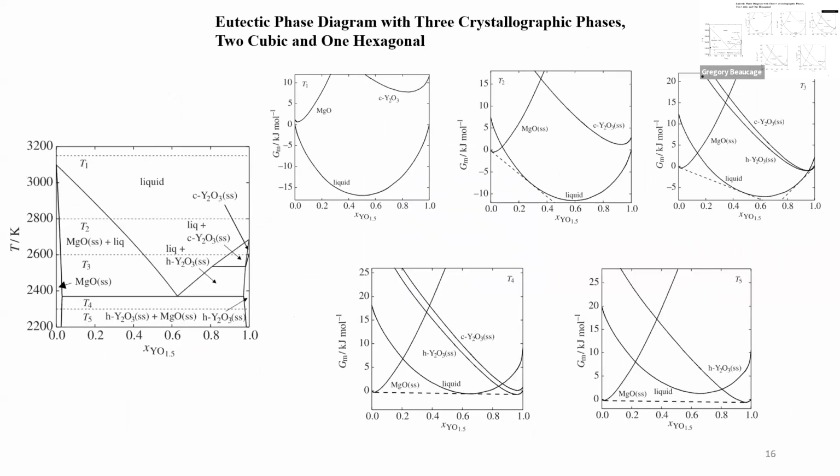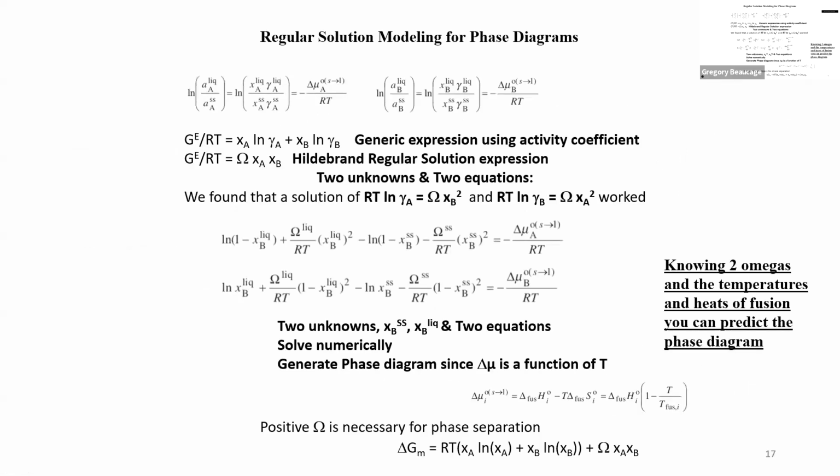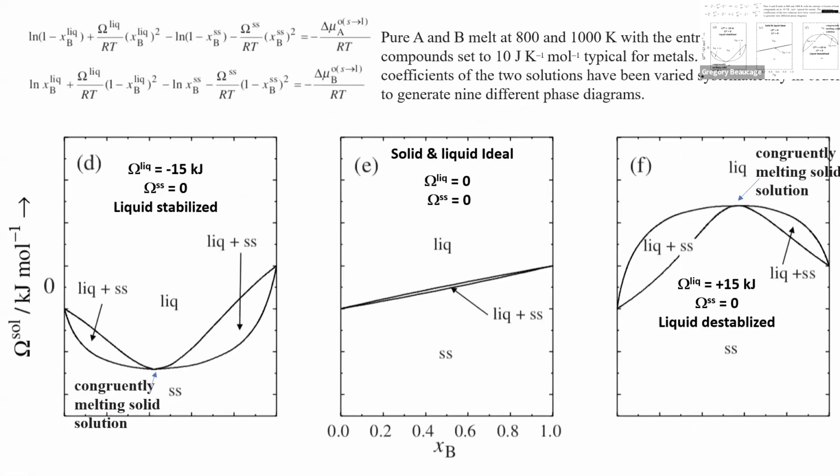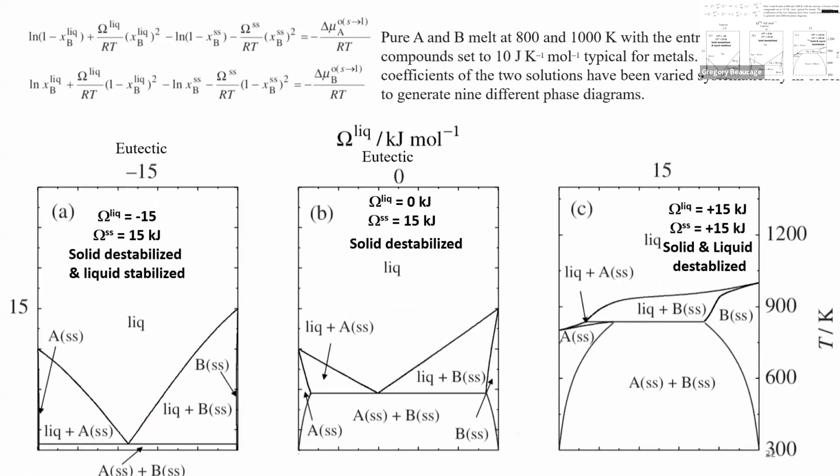Even though it seems impossible, it's possible to calculate the whole phase diagram if you know those melting points and enthalpies. So that's one thing. We'll see a eutectic phase diagram, and that's why I mentioned this one. The rest I'll go over on Tuesday, unless we have time today.